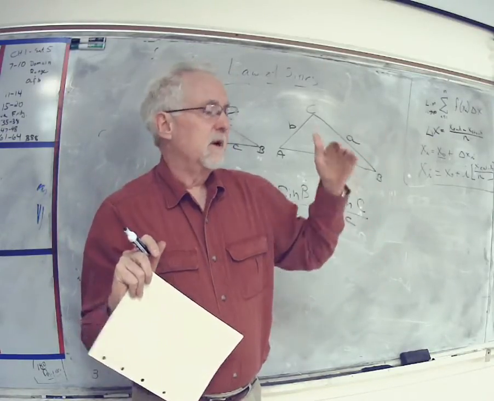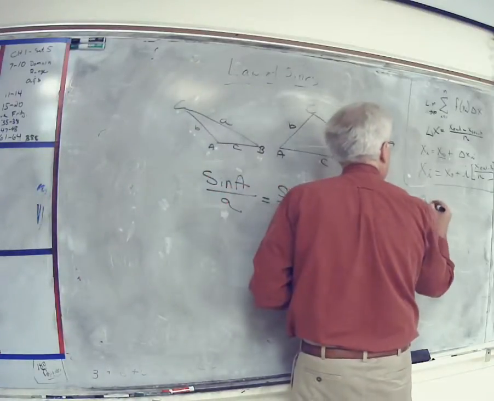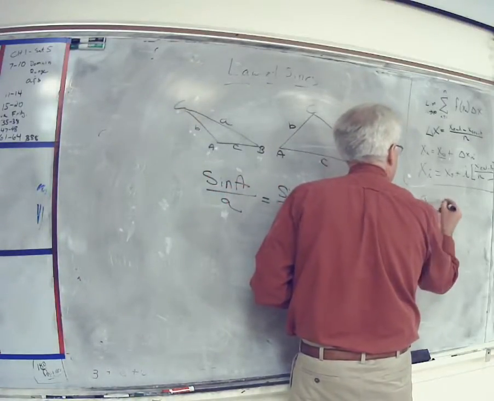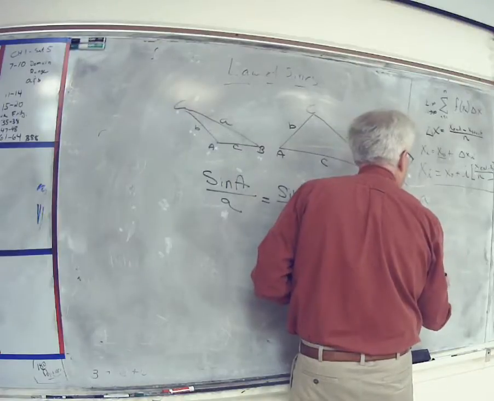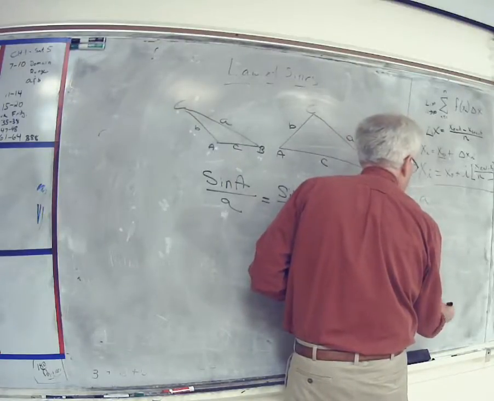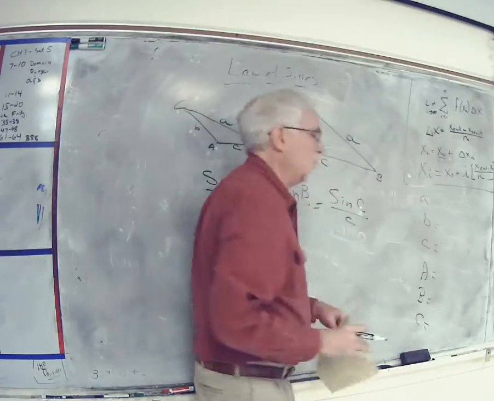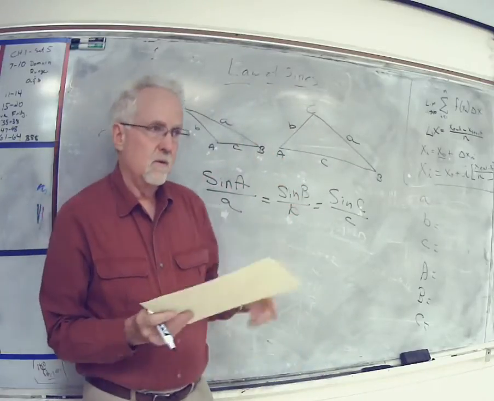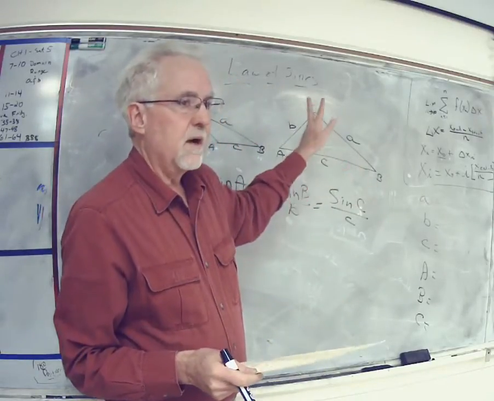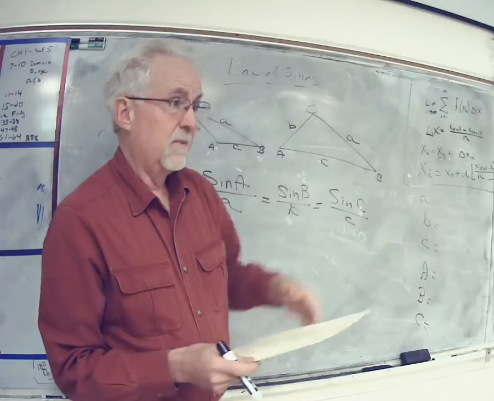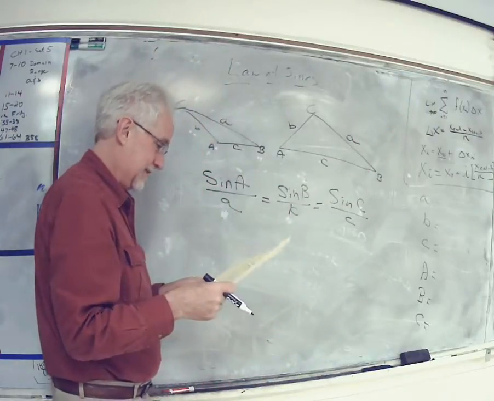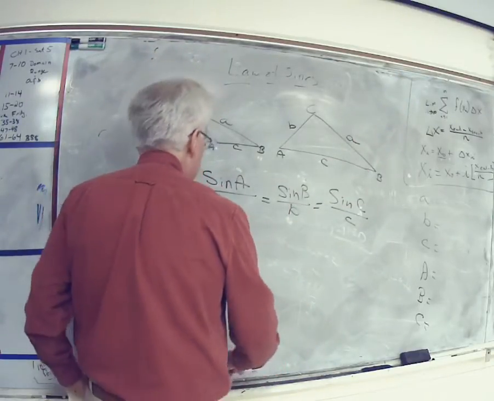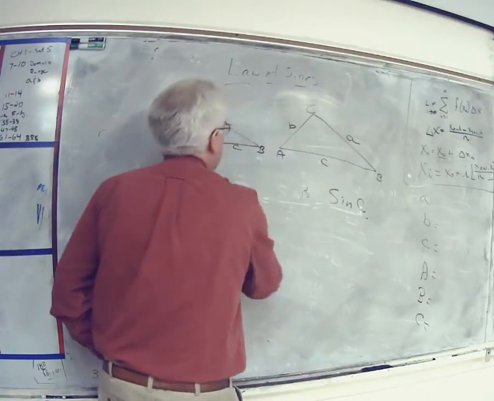So always go like this: little a, little b, little c, big A, big B, big C. Always put those in your answer sheet in that order. How many answers per box? 1. How many boxes per question? 6. Okay. So let's work one of these. All right, let's work an example.